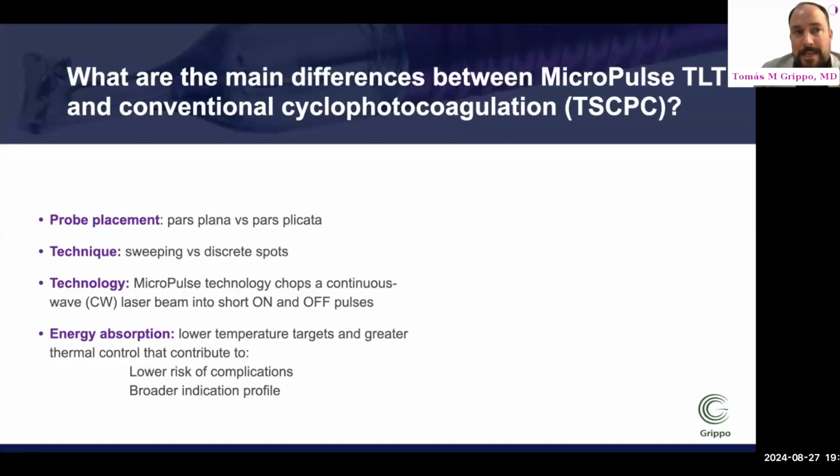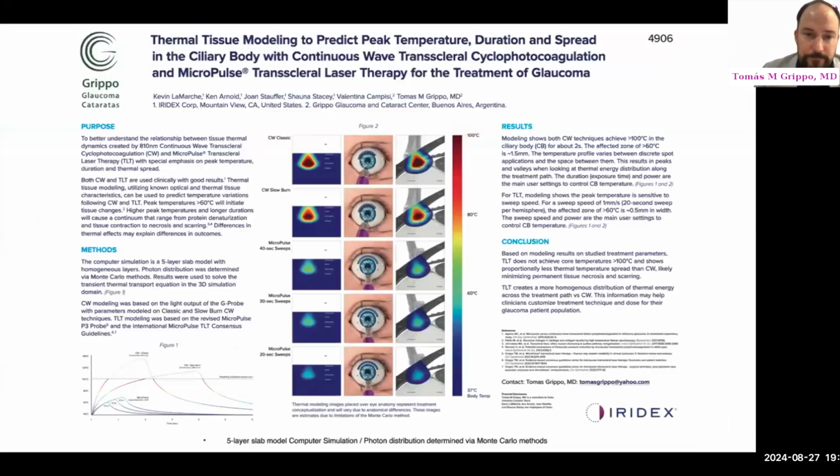This actually leads to one of the main advantages of MicroPulse, which is the lower risk for complications. And this also explains why the indication profile has actually broadened since the development of the MicroPulse mode.